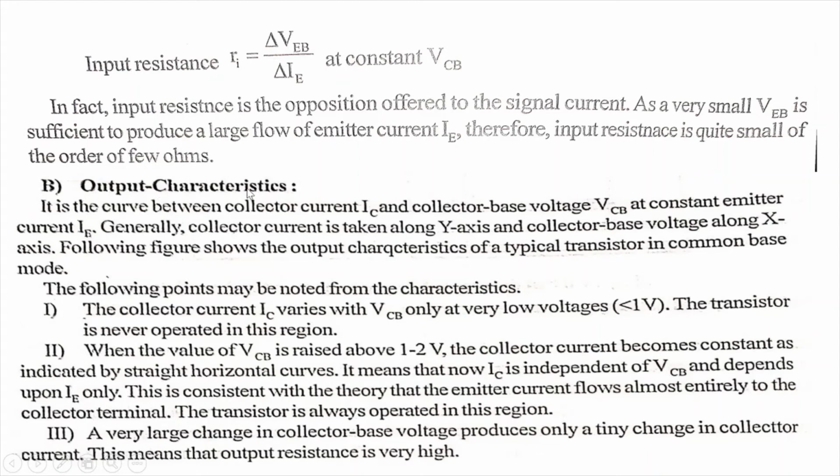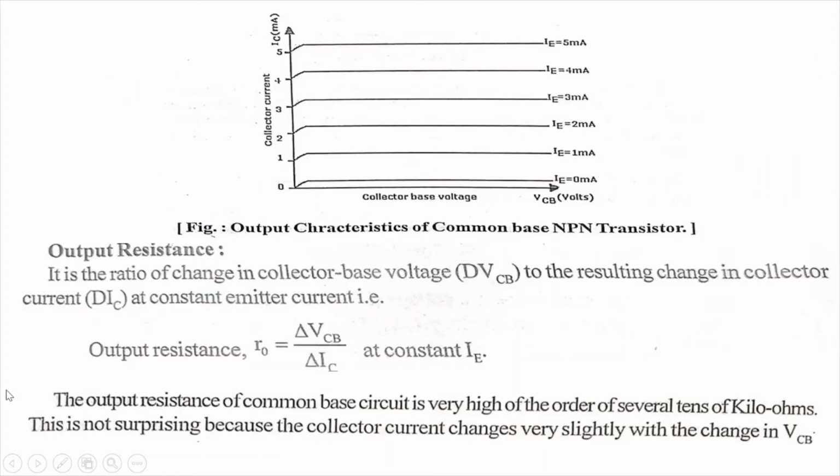Now output characteristic, it is the curve between the collector current IC and collector base voltage VCB at constant emitter current IE. That is the output characteristic as shown in here.